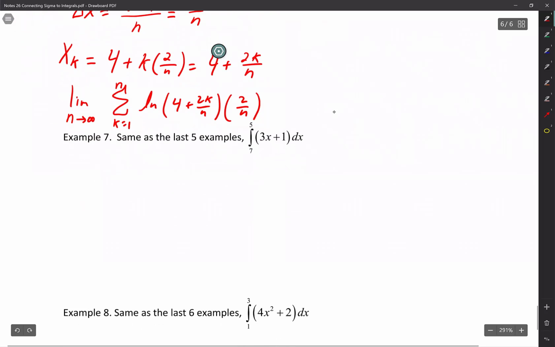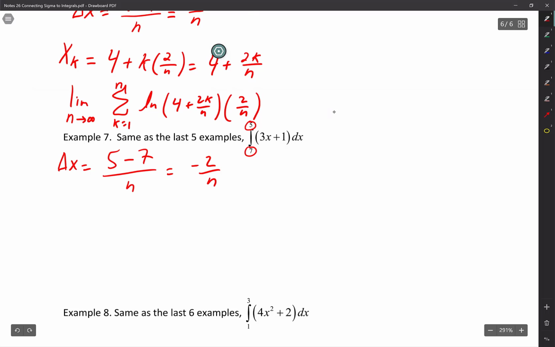All right, here we go. What do you notice about this one? This one counts what? Backwards. Delta x is equal to 5 minus 7 divided by the number of rectangles, so negative 2 over n. You're still going to start at 7, but you're going to count backwards now.